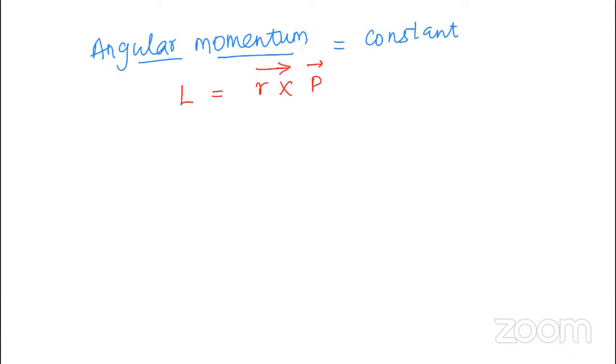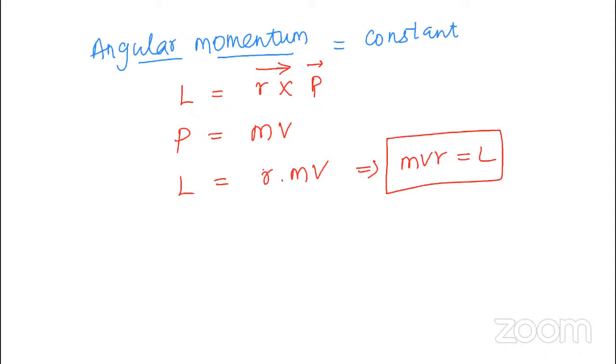Okay. So simply substitute P is equal to M into V, into R. P is equal to M into V. Let us now put it in the formula, that is L is equal to R into M into V. So readily MVR is equal to L. So this is the very, very famous equation for angular momentum.